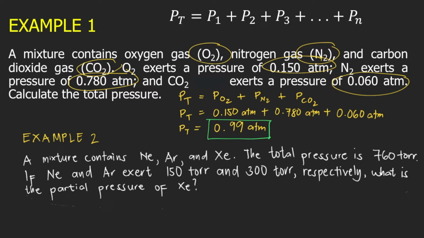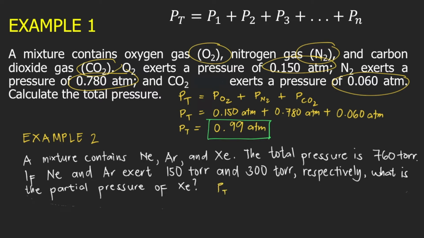Now let's move on to example 2. A mixture contains neon, argon, and xenon. The total pressure is 760 torr. If neon and argon exert 150 torr and 300 torr respectively, what is the partial pressure of xenon? So again, we will use Dalton's law.